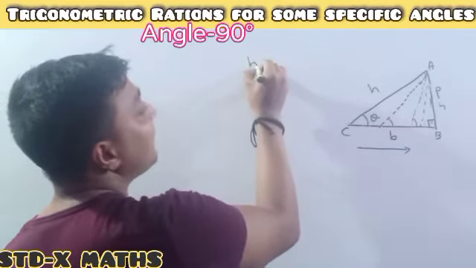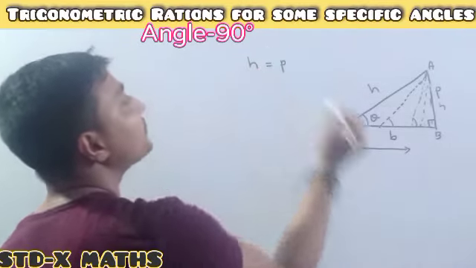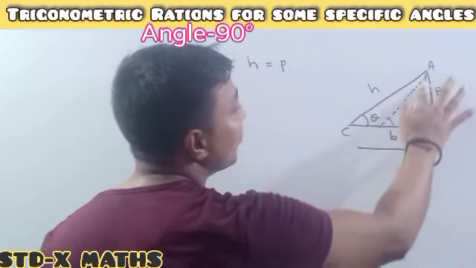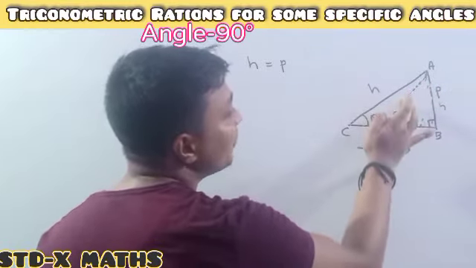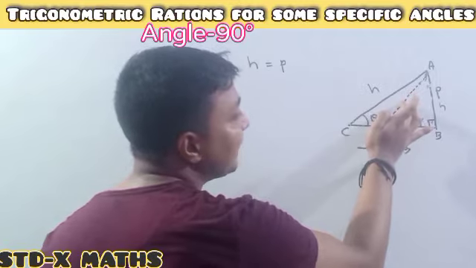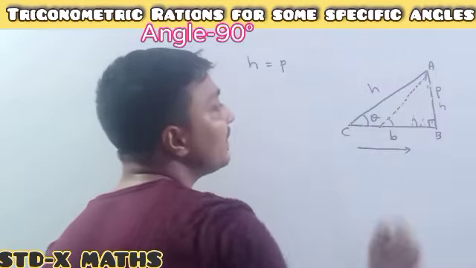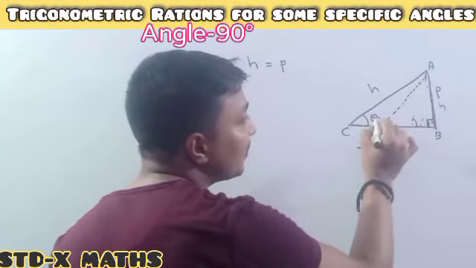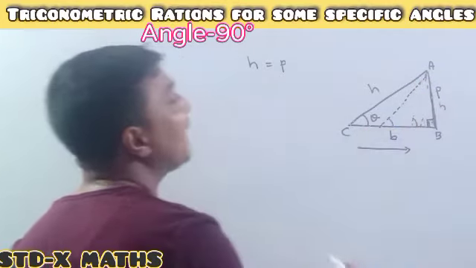Whenever H coincides with P, whenever this one is shifted from here to here, it means now the angle theta has changed into 90 degree.